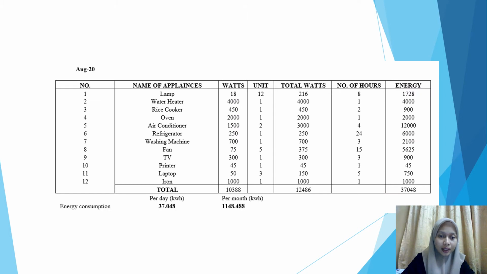Next I proceed to August in 2020. I take the washing machine. The watt is 700. The unit is 1, and the total watt is 700. The number of hours used per day is 3 hours.